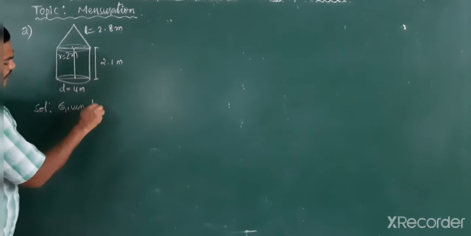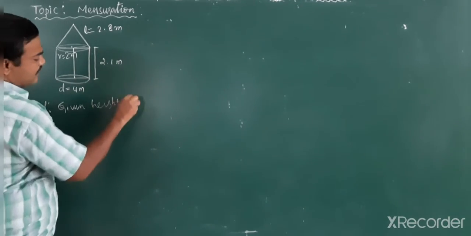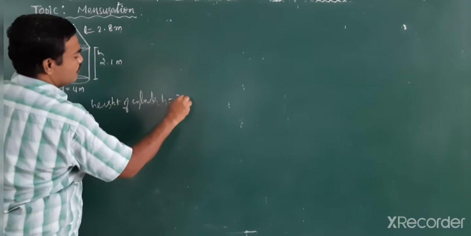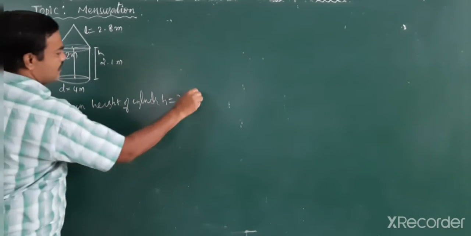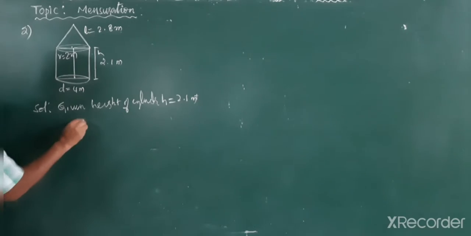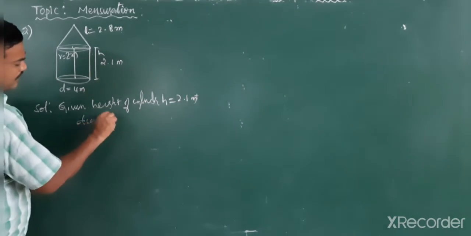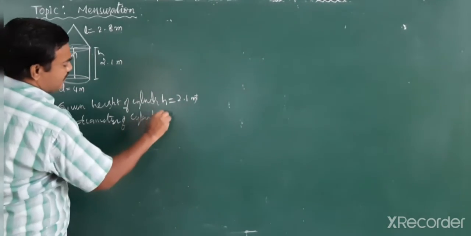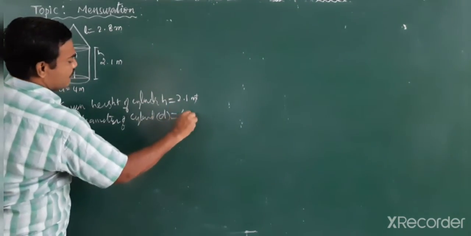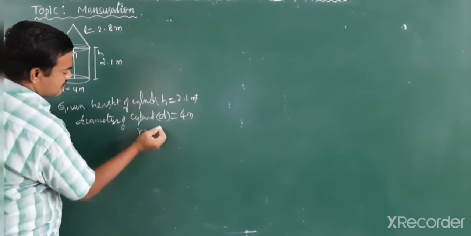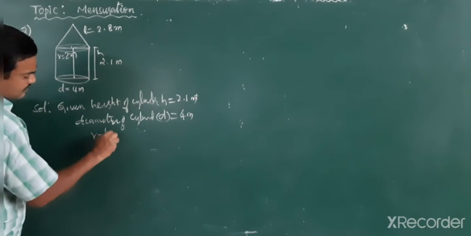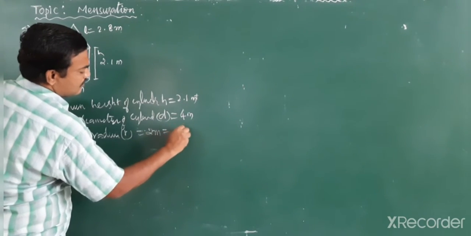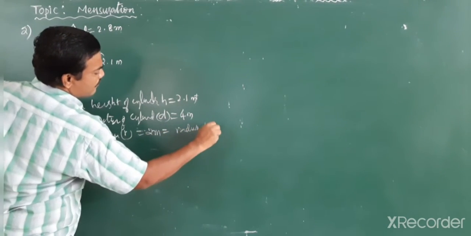Given height of cylinder h is 2.1 meters, diameter d is 4 meters, radius r is 2 meters, the radius of the cone.